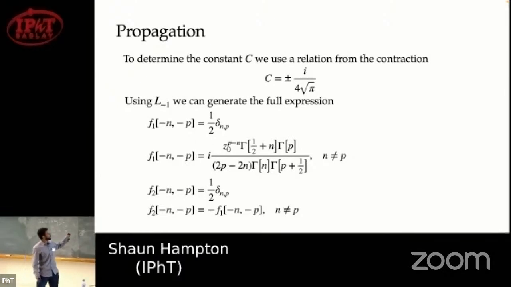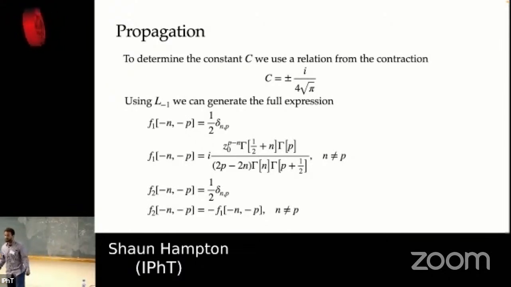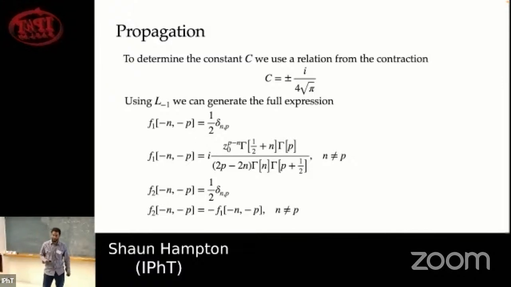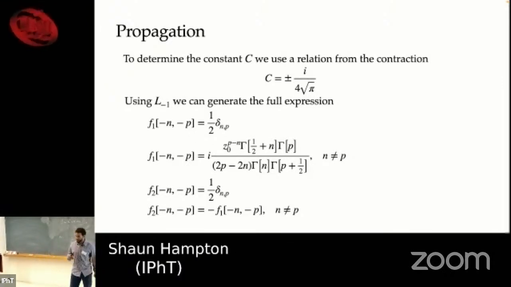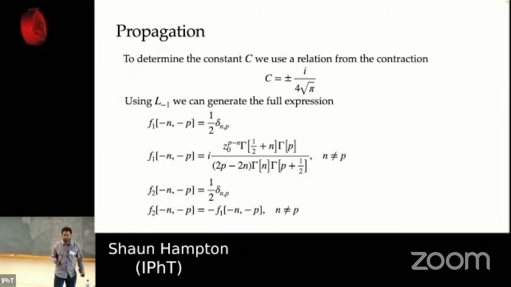And then if I want to compute f2, if you think about what copy 2 is, it's just a 2 pi shift of copy 1. And so if I shift z0, if I shift the angle by 2 pi, because the power of z0 is half integer, I'm going to get a minus sign because I've shifted it. Essentially, you get an e to the minus i pi, or e to the i pi factor.